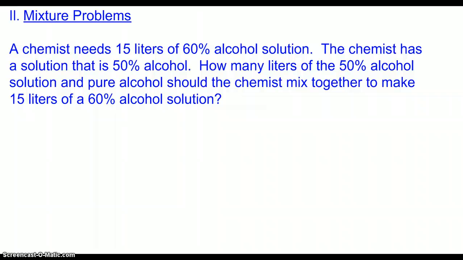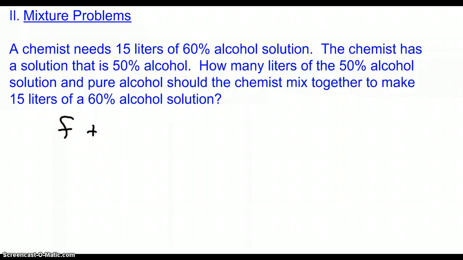So again, we want two equations in this system. First of all, we know that he or she ultimately wants 15 liters of solution. And so we'll begin with saying that there are two types of solution. So let's call the 50% alcohol F, and we don't know how much he needs of that yet, so we'll just call it F, the amount of 50%.